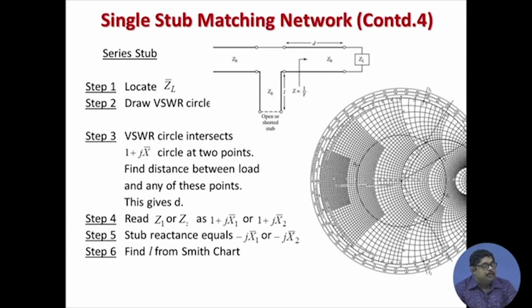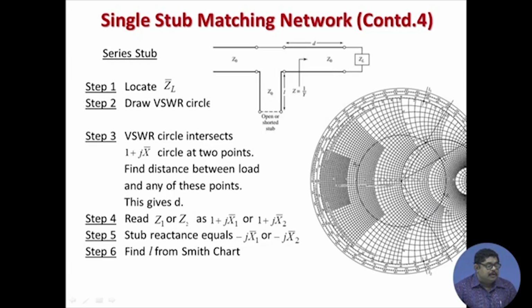After locating ZL here, you have drawn the VSWR circle, then this VSWR circle intersects the 1 plus jX circle at 2 points, one point is this, another point is this. So, that means from your load towards the generator you can come here or you can come to here. So, there will be two solutions for this length, because all this means this length, ZL, you are moving up to here.